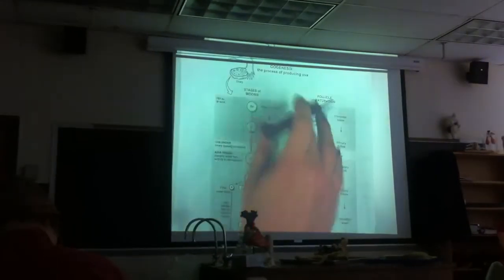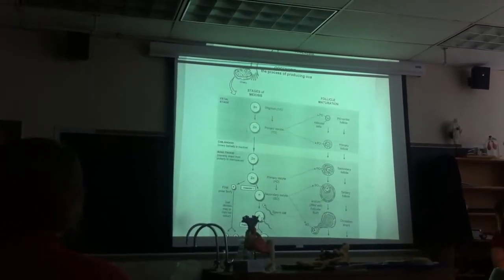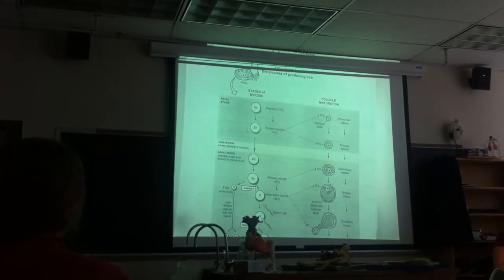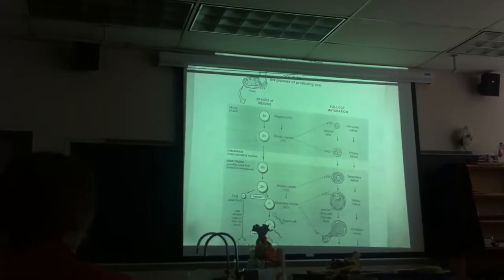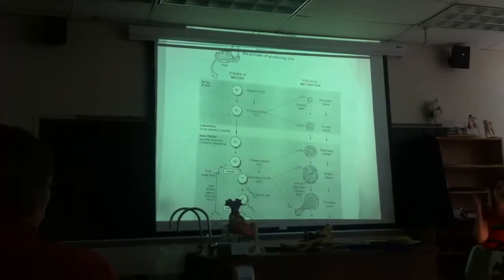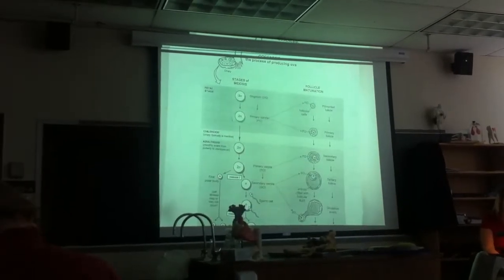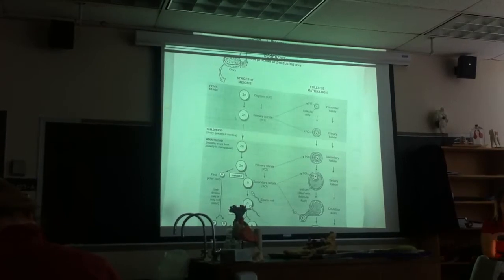Okay, but the follicle is in the ovary. It never leaves the ovary. Basically, think of it as the little housing unit for the maturing egg. Okay. So it does develop along with the oogonium, okay, the oocyte, but it doesn't ever leave the ovary.